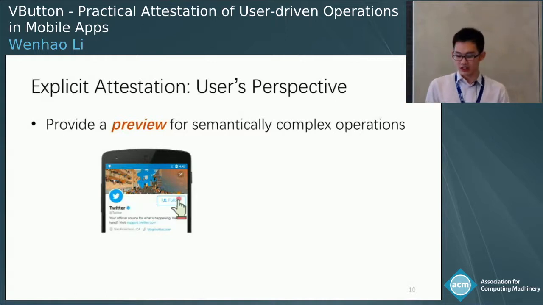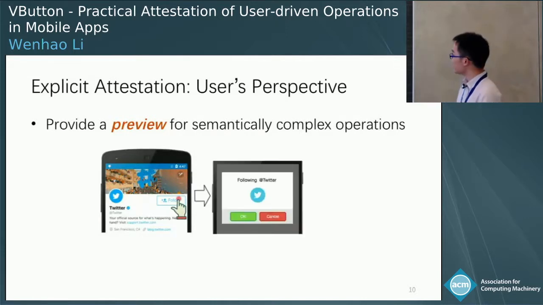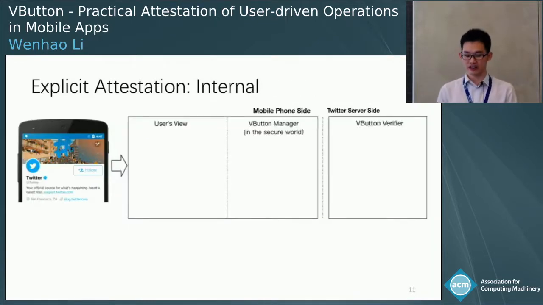When a user clicks the follow button, VButton will provide a secure preview of the operation in the TrustZone containing the necessary information. Here, the information is who to follow. For the user to confirm, this information is securely displayed in the TrustZone, and the user could operate it securely to confirm it. And internally, the explicit attestation works like this.